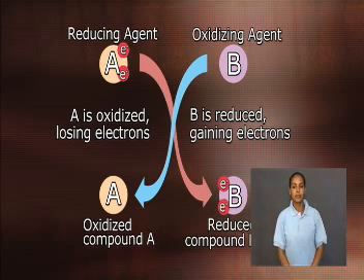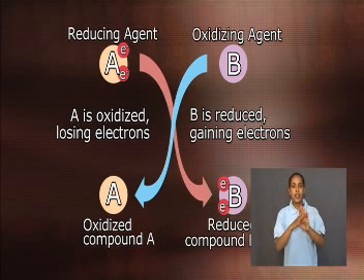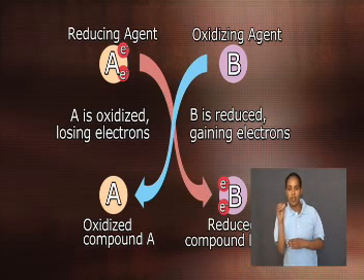The process can be simple or complex. In the redox process, the reducing agent transfers electrons to the oxidant. Thus, the reducing agent loses electrons and is oxidized. In contrast, the oxidizing agent gains electrons and is reduced.